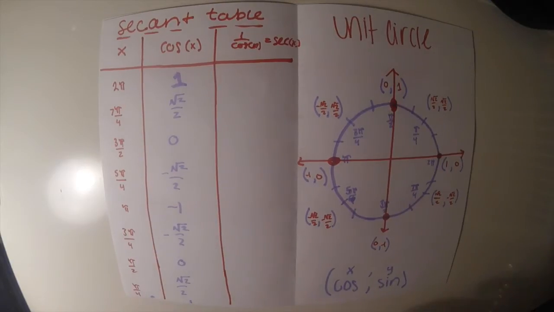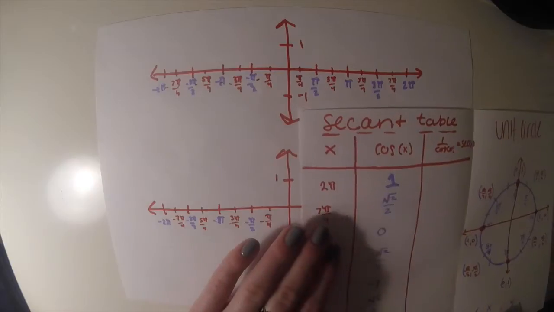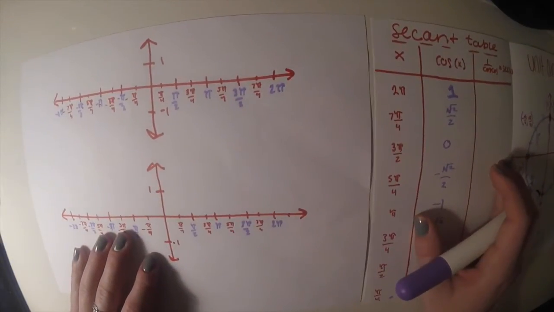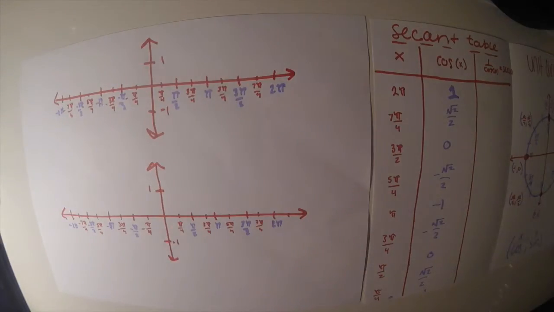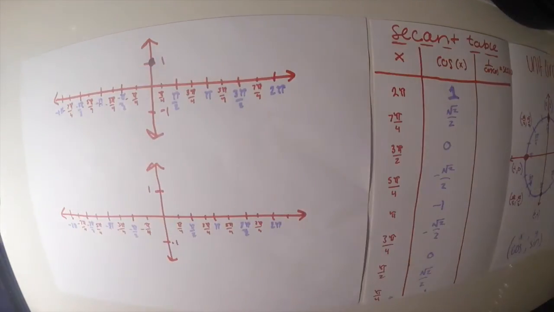Okay. So we'll plot all these points. We'll start at 0. At 0, x is 0, y is 1.